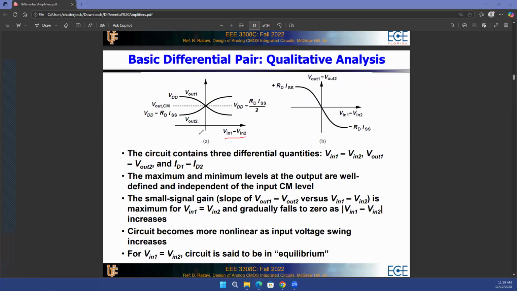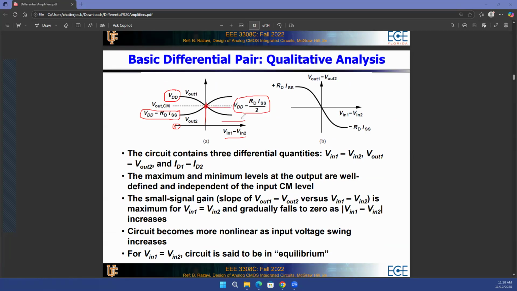That when V1 minus V2 is negative, that is over here, your Vout1 is equal to VDD, your Vout2 is equal to VDD minus RD ISS. When V1 minus V2 becomes 0, that is when we have exactly identical voltages at the gates of the two branches, then your Vout1 is equal to Vout2, and that is equal to VDD minus RD ISS over 2. That's this line.